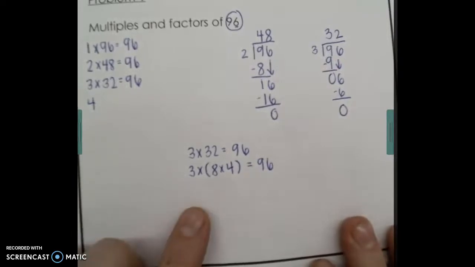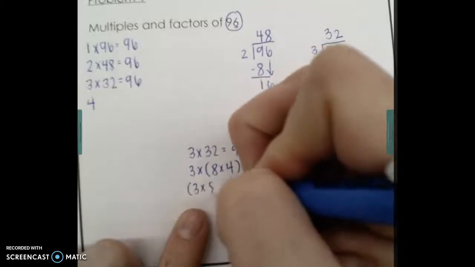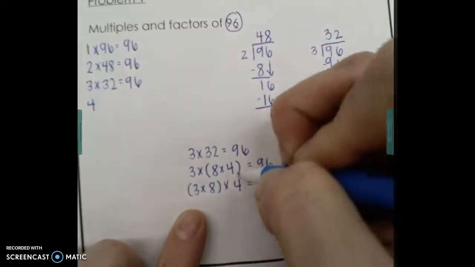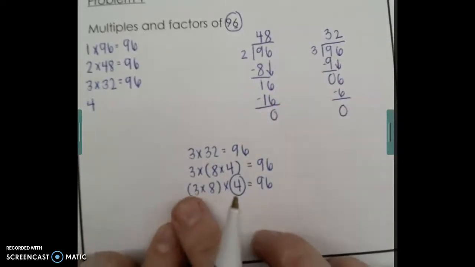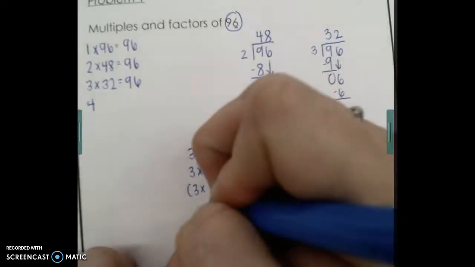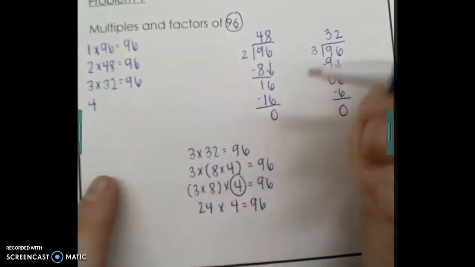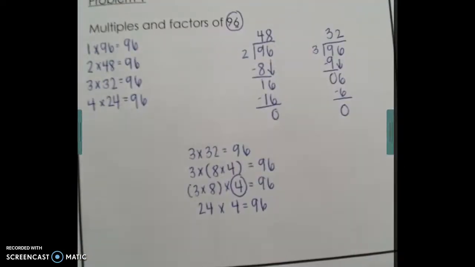Okay. So then I can see that in 96, I can take the 3 and put it with the 8, times 4. That 4 is going to be a factor. And what's my factor of 4 going to be? Well, what's 3 times 8? 3 times 8 is 24, times 4 equals 96. So then I find out that 4 is also going to be a factor of 96.